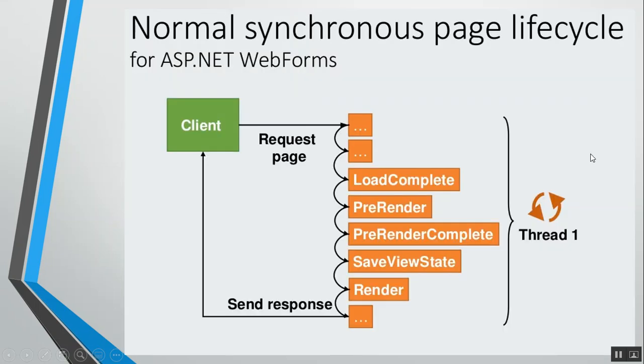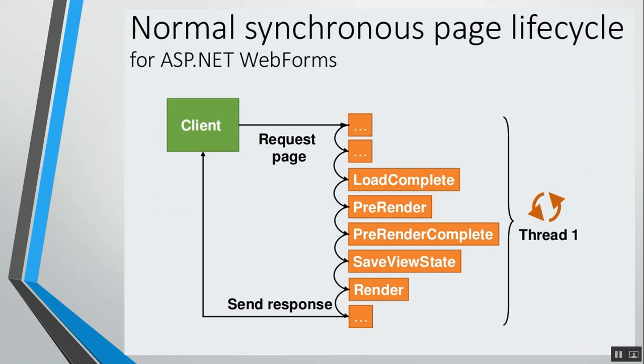We'll see how the normal page life cycle is executed. We have got a request for a page from the client side. Initially a few events are performed like pre-init, init, then the load event, then load complete, pre-render, pre-render complete, save view state, then render, and at last the response is sent to the client.